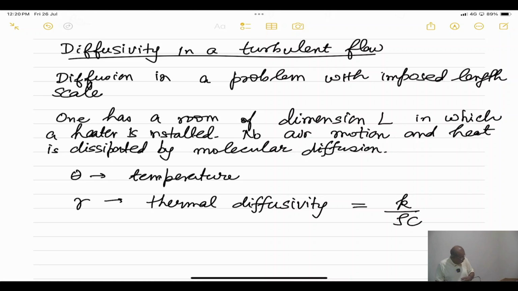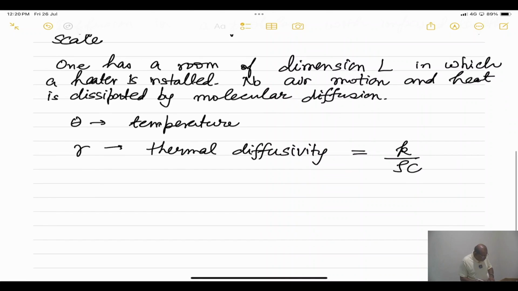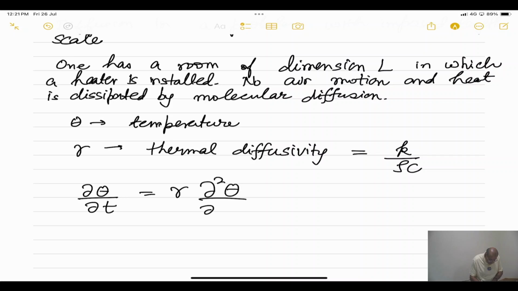Now, if you look at the equation for temperature, because there is no convection, it is partial theta by partial t equal to gamma times del square theta. This is the standard equation of heat conduction.